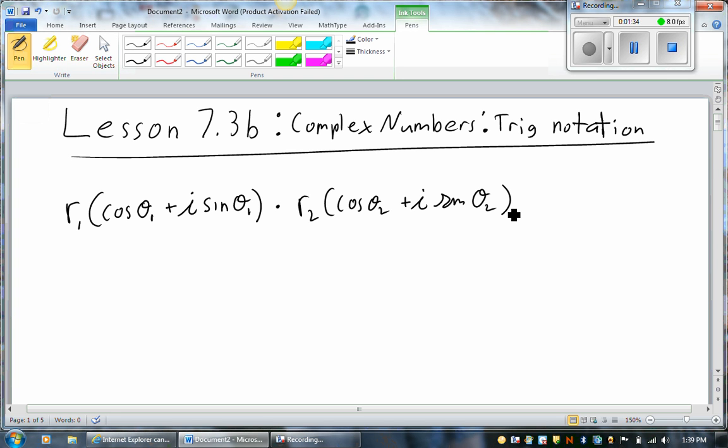Okay, and what we're going to do is we're just going to simplify this a little bit. And we're going to do some distributing, multiplying, factoring all in step.